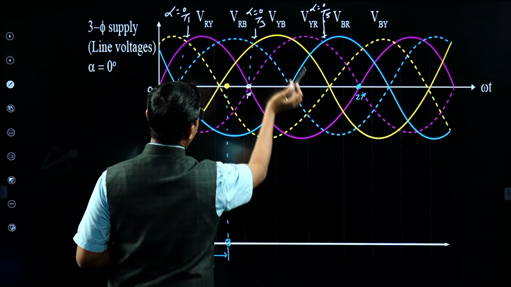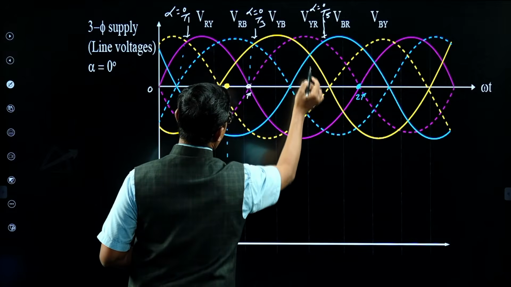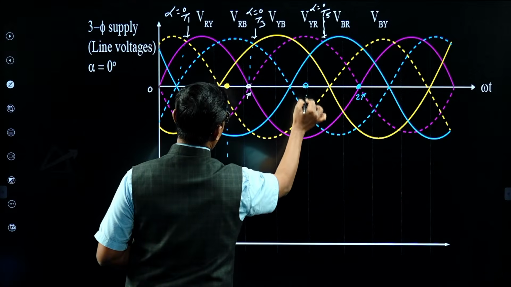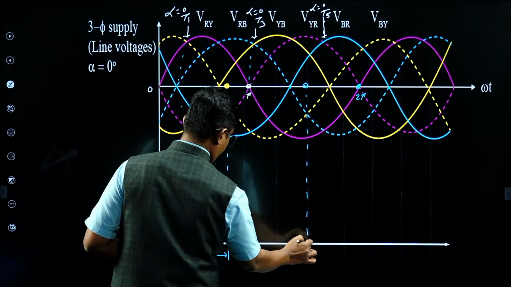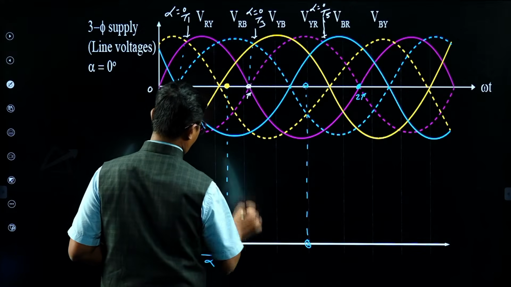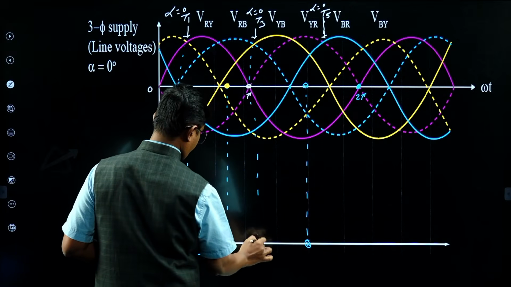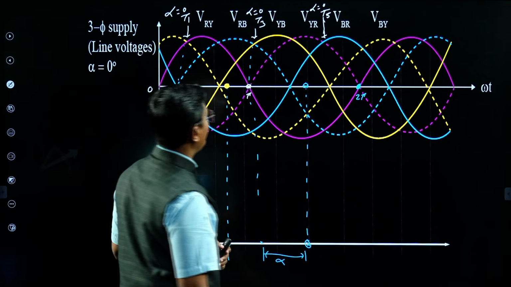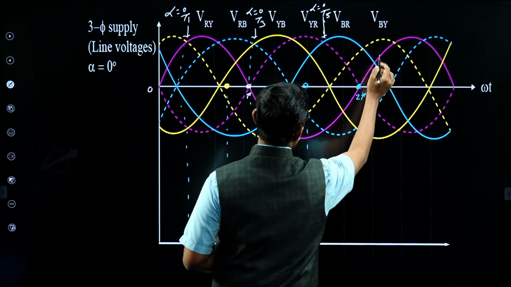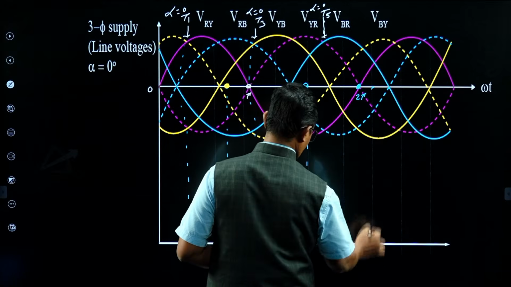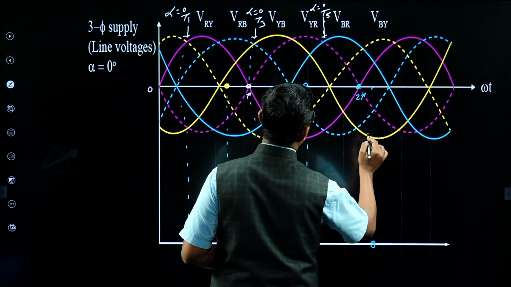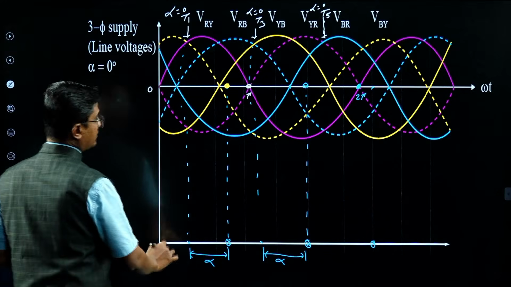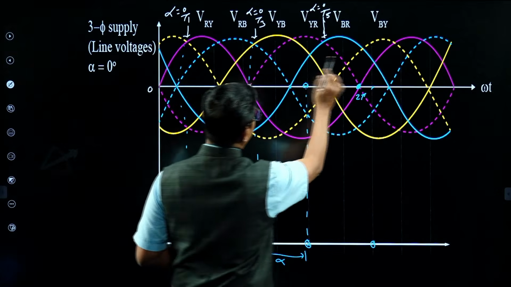Now alpha is greater than 60 degrees, so suppose I am triggering thyristor T3 here. This indicates my alpha for T3, and for thyristor T5 let me take it here, and it will go somewhat this side, 60 degrees plus this.